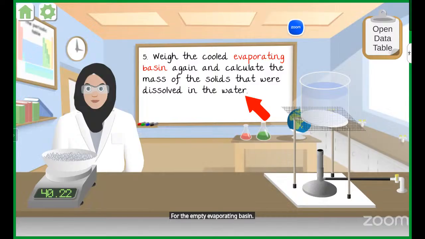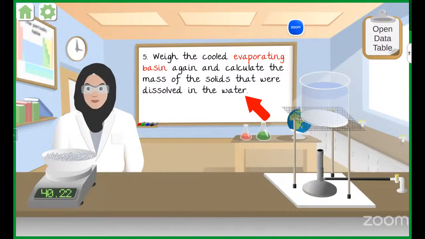Then thereafter, we poured water, sample 1, into the evaporating basin. Therefore, it makes the weight of the basin increase to 50.22. That is basin plus water.